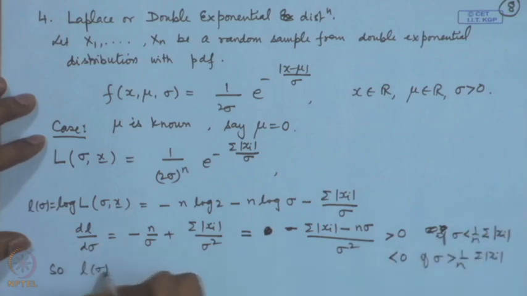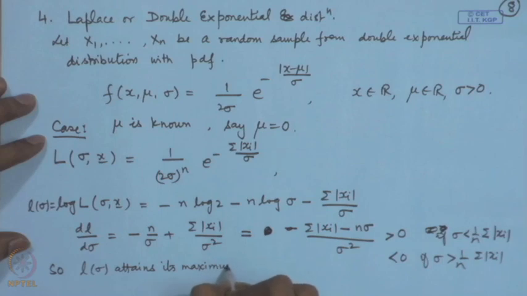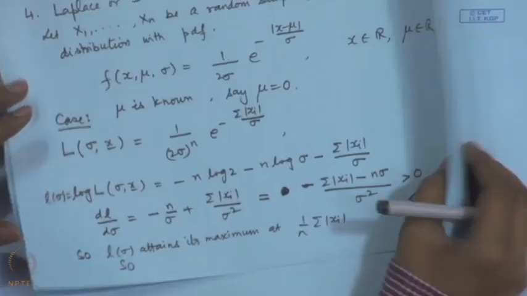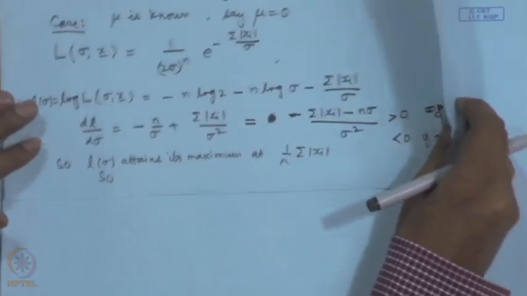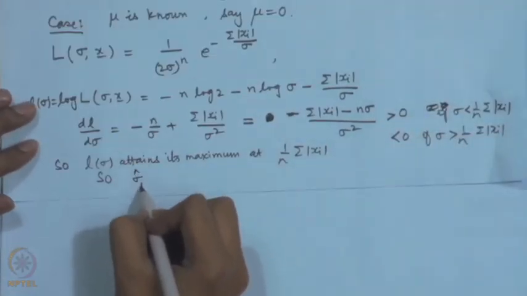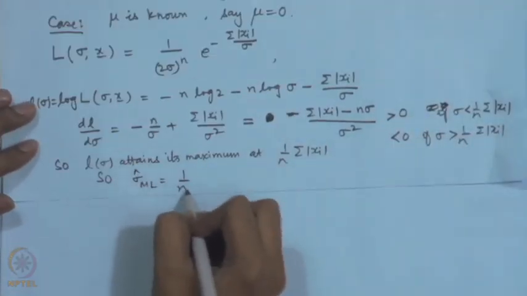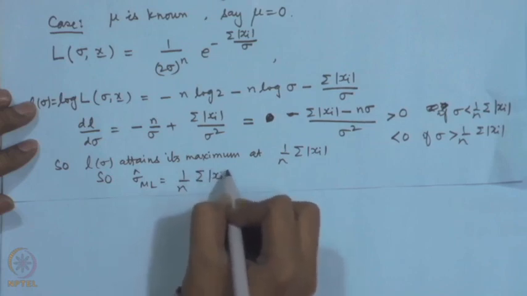So, L of sigma attains its maximum at 1 by n sigma modulus x_i. So, the maximum likelihood estimator of sigma is equal to 1 by n sigma modulus x_i.